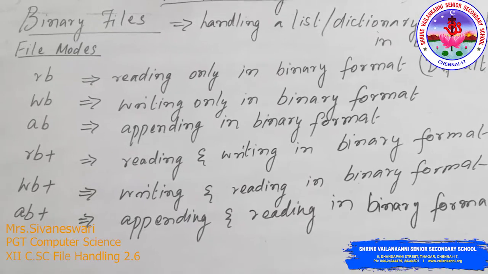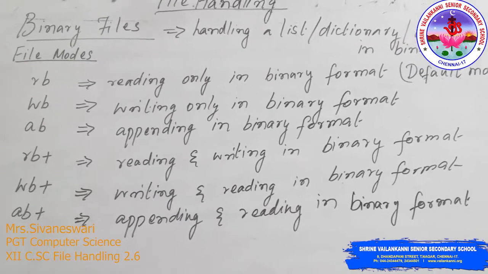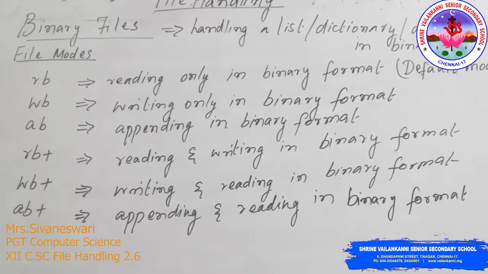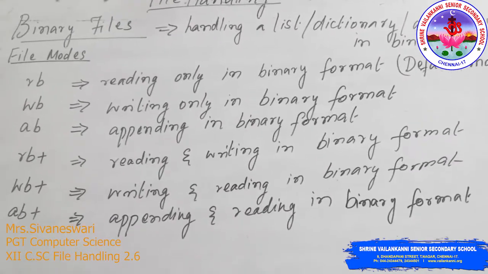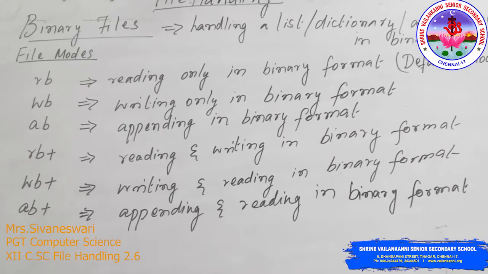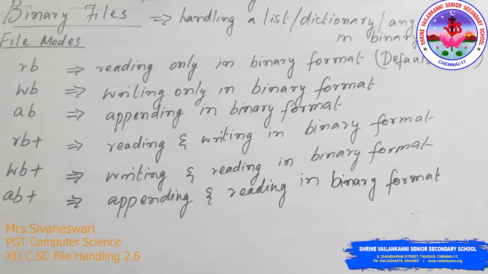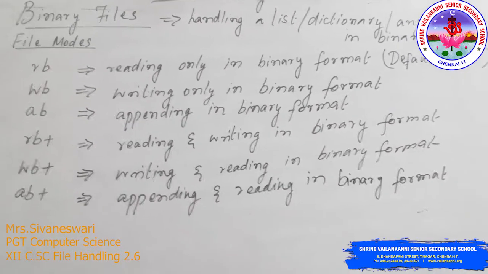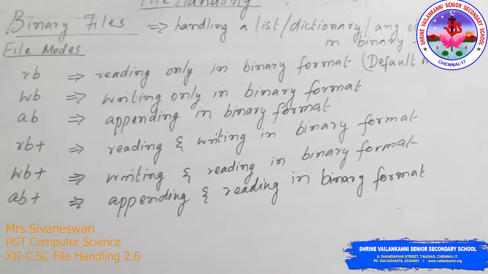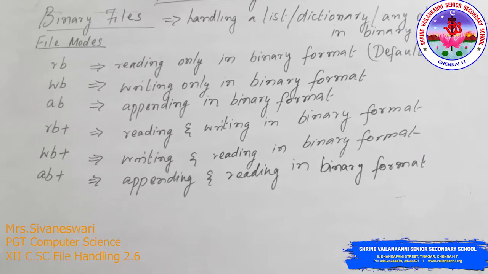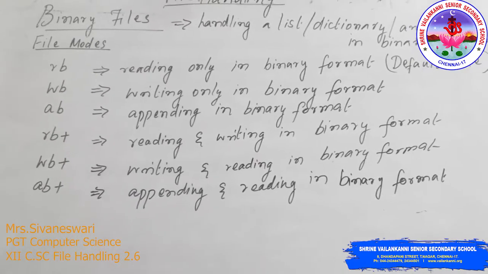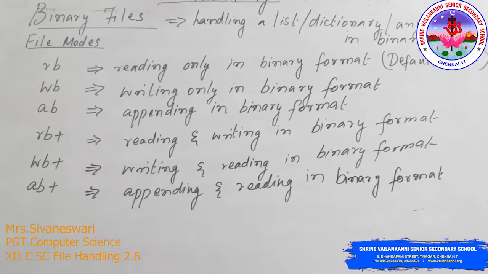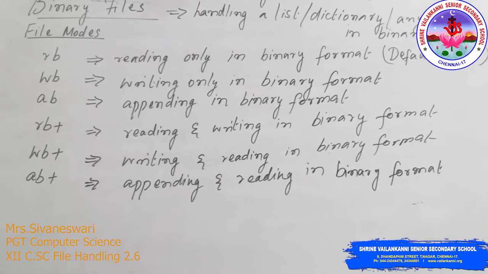But in binary files, to handle a list, a dictionary, or any other kind of object, we convert it to binary form and store it inside files. This is what we call binary files, and it has an organized way of storing the data. Similar to text files, file modes exist in binary files also.